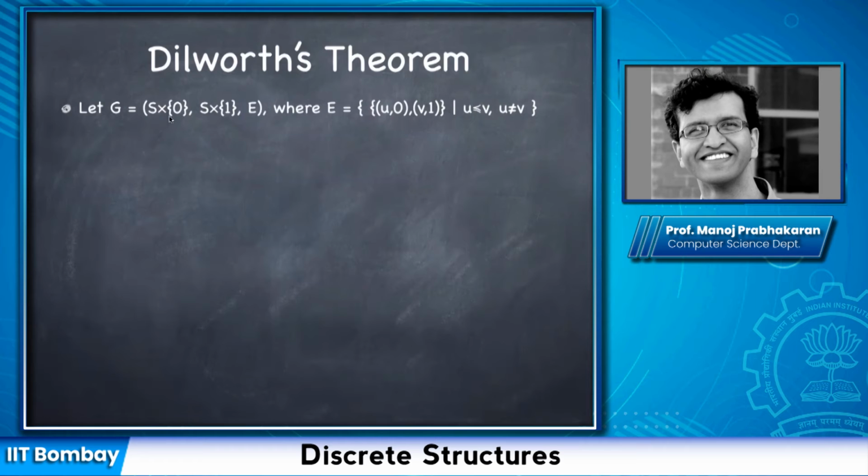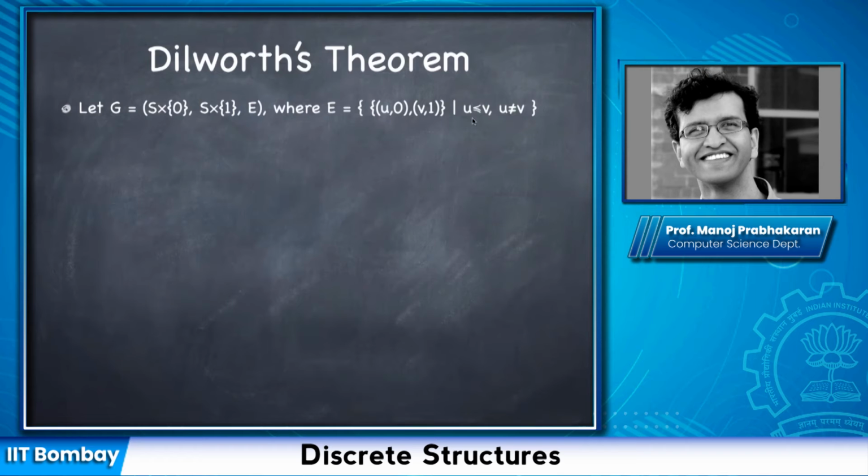For each element u in S, I have a node (u,0) in the left part, and (u,1) in my right part. And I put an edge between (u,0) and (v,1) if u is related to v, so u less than or equal to v, and u and v are not the same. So even though it's a reflexive relation, I do not put edges between (u,0) and (u,1). I put an edge between (u,0) and (v,1) where u is not equal to v and u is related to v.